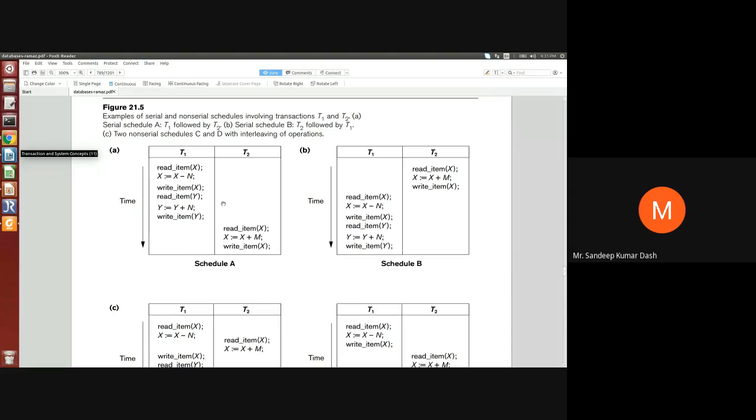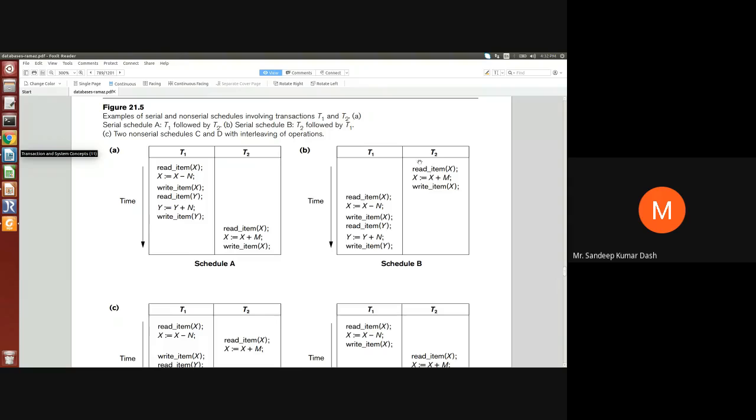What do you mean by serial schedule? Serial schedule means the transactions in the schedule are performing their operations in a serialized manner, not in an interleaved manner. Here serial means first all the operations of transaction T1 are completed. Then the operations of transaction T2 start. So first T1, then T2. This is a serial schedule.